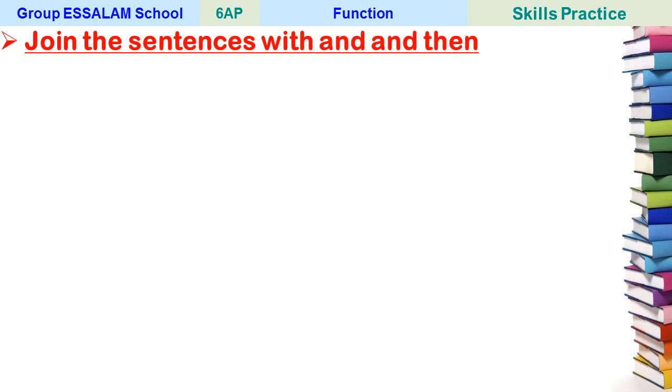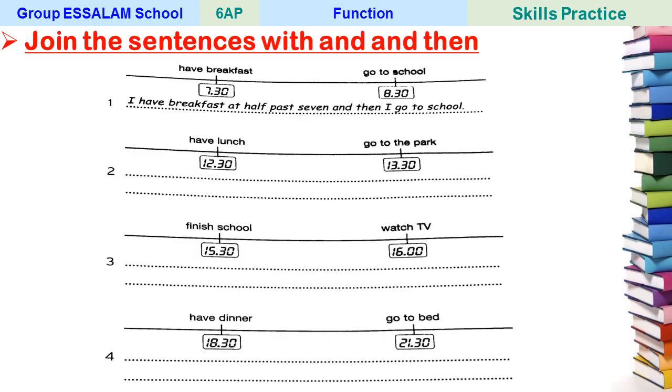Another exercise, join the sentences with and then. So here you have sentences, and you have to link the two sentences with the expression and then, okay? For example, the first sentence is have breakfast at 7:30, and the second sentence is go to school at 8:30.